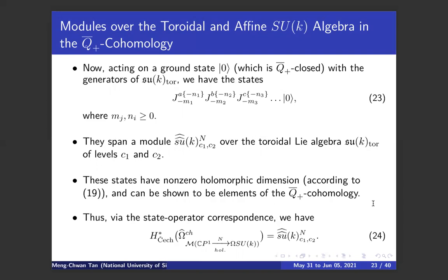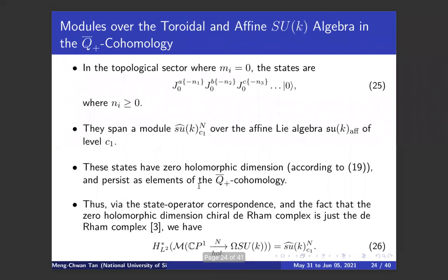And so via the state-operator correspondence, the modules here, which are representations of this toroidal algebra, we can identify with the Čech cohomology classes of this sheaf of CDR on this space. That is the key point here. Non-zero holomorphic dimension states correspond to non-zero holomorphic dimension operators, and these correspond to Čech cohomology classes of the sheaf of CDR.